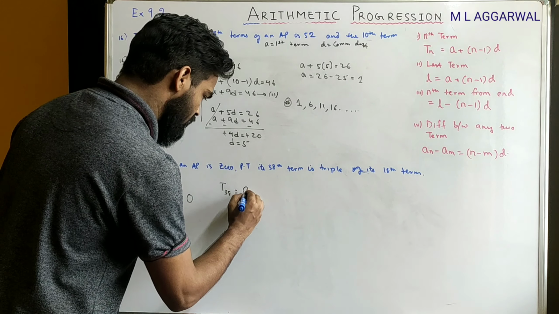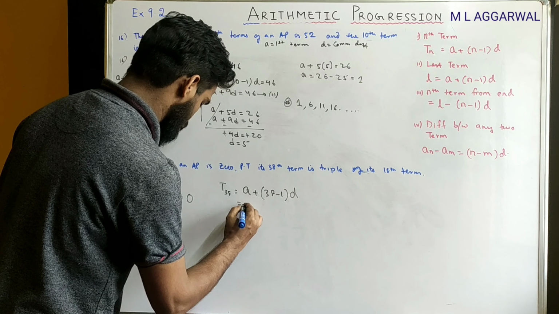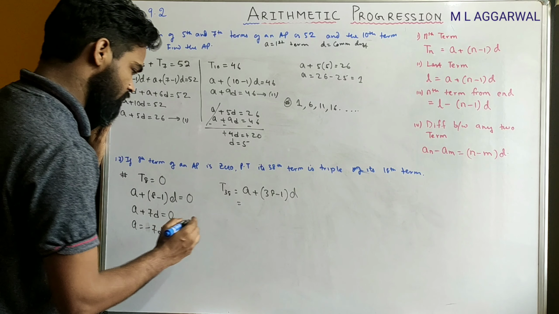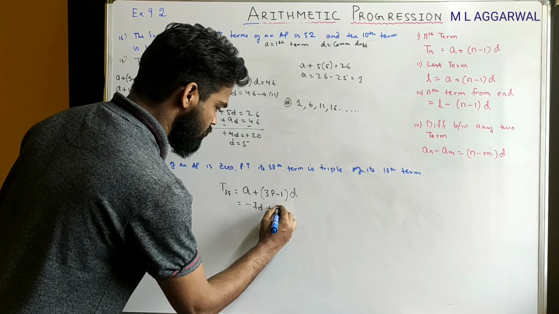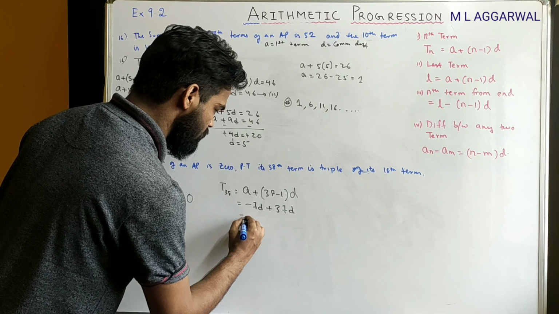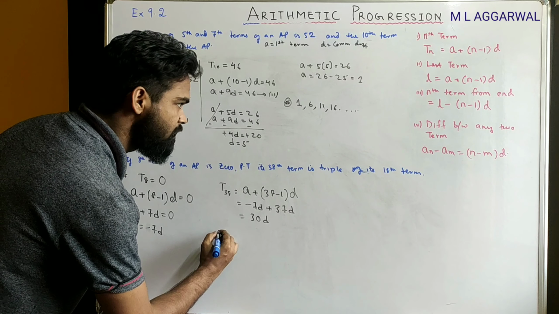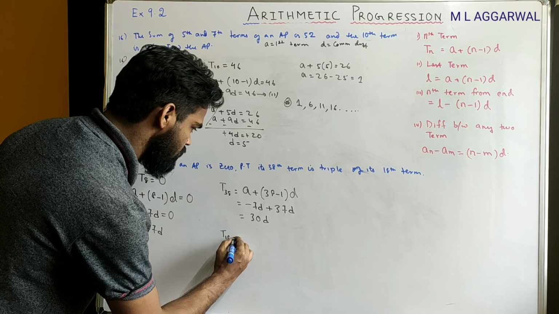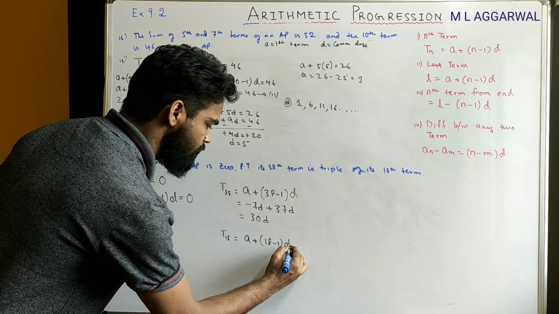T38 will be a plus 38 minus 1 d. Instead of a, I can write minus 7d plus 37d. That's 30d. Similarly, I'll find T18. T18 is a plus 18 minus 1 d.